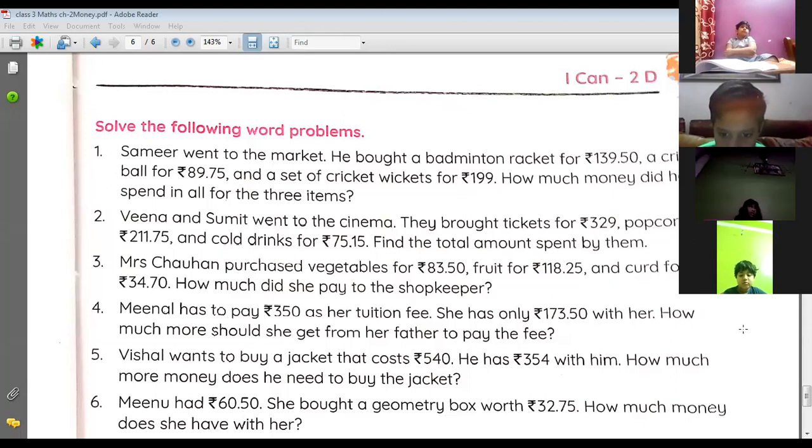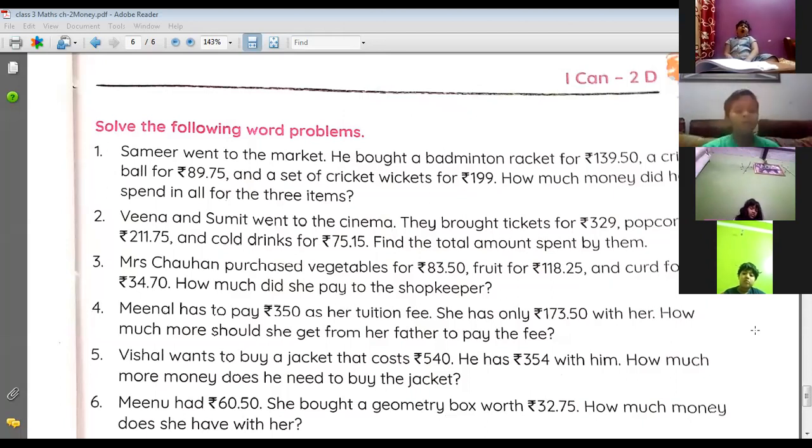Very good. So, beta, what is given here? Veena and Sumit went to cinema to enjoy a movie. And what did they purchase there? Movie tickets for rupees 329, popcorn for rupees 211.75 and cold drink.